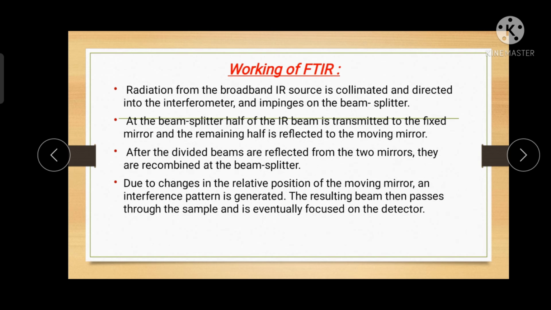At the beam splitter, half of the IR beam is transmitted towards the fixed mirror and the remaining half is reflected to the moving mirror. After the division, the beams are reflected from the two mirrors and combined at the beam splitter.